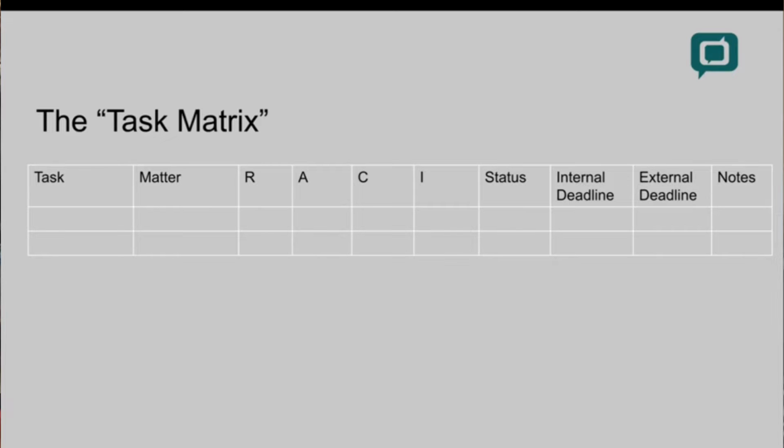And here she is. The task matrix can exist in an Excel spreadsheet, on a Google sheet, on a Mac. It's called a Numbers sheet. I don't care where you put it, but it needs to be an Excel-based spreadsheet, and I'm going to show you why, because there's certain functionalities that are going to be very important for your practice. And it needs to be accessible to all people at all times.